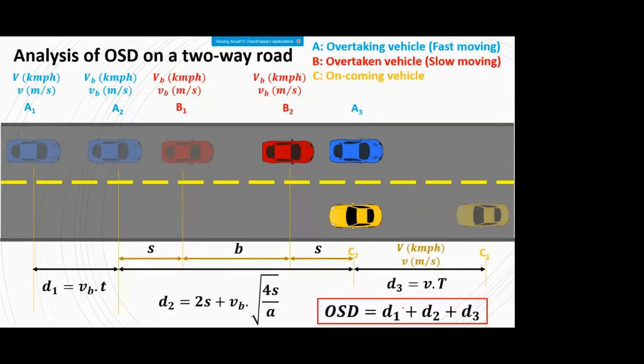D2 is the distance traveled during the actual overtaking process, in which the vehicle A, the overtaking vehicle, will overtake the slow moving vehicle or the overtaken vehicle. And the third component of OSD is the distance traveled by the oncoming vehicle, which is traveling at the speed of V, the design speed, and it covers that distance in the time interval of capital T, that is overtaking time. So this is all with the analysis of OSD.